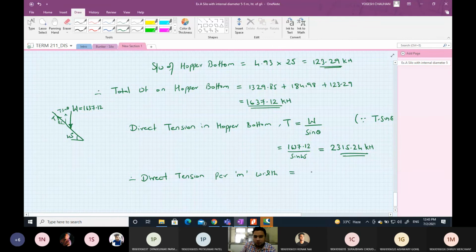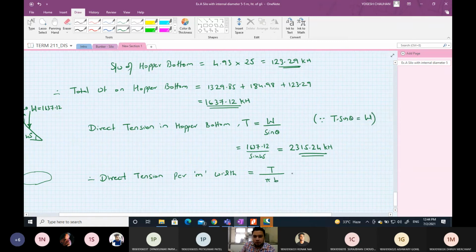That will be equal to T divided by pi d, that means pi into B. We are finding the per meter width tension, so divide this with the perimeter of the upper bottom.